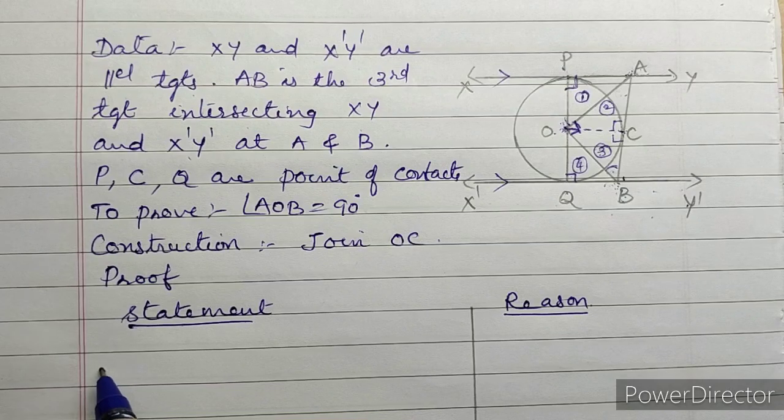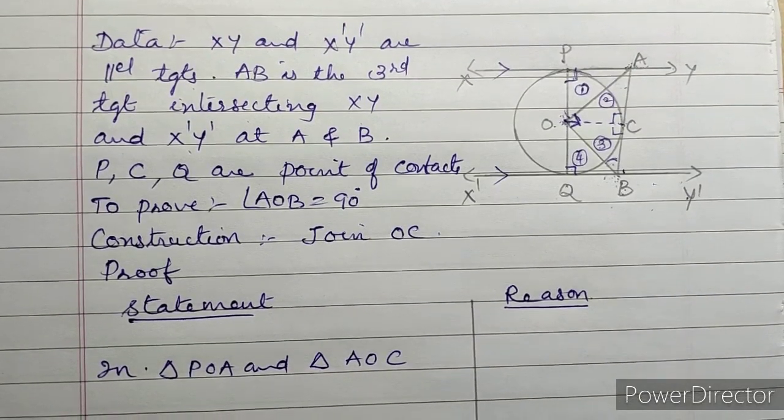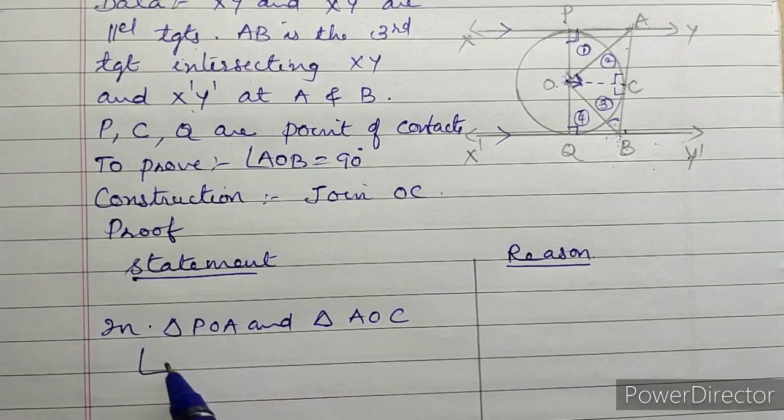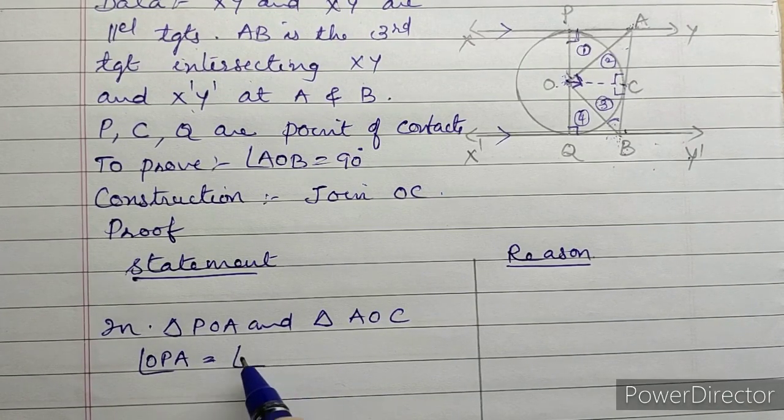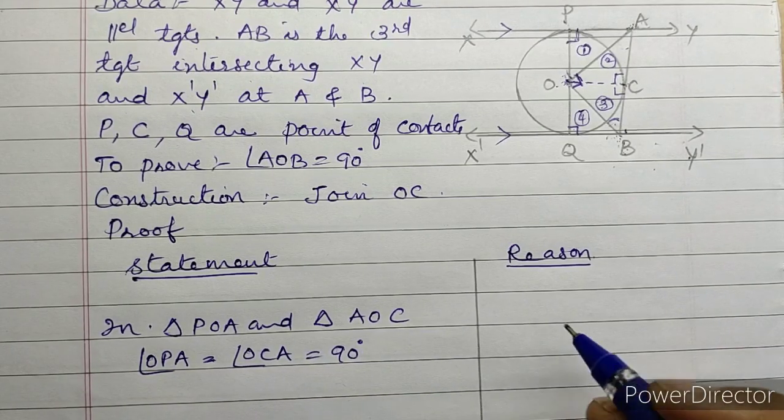So in triangle POA and triangle AOC, angle OPA is equal to angle OCA equals 90 degrees. What is the reason?